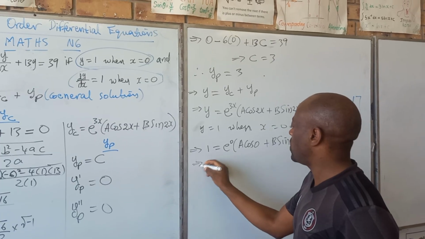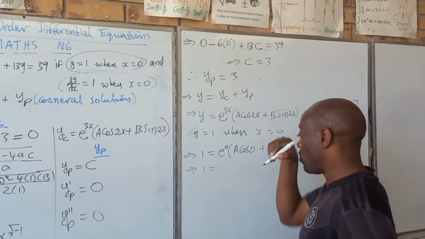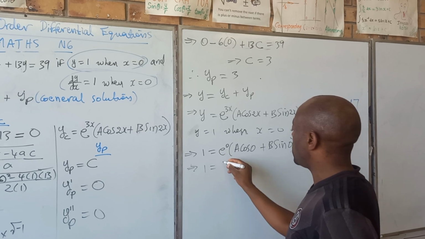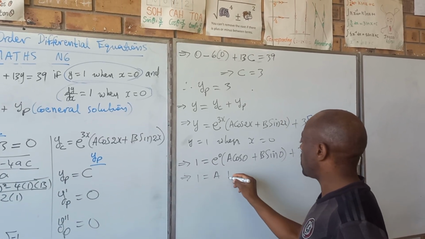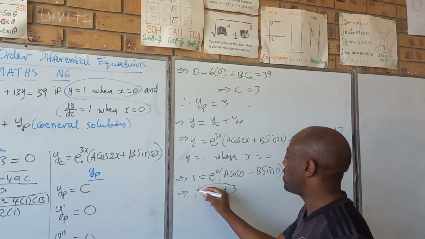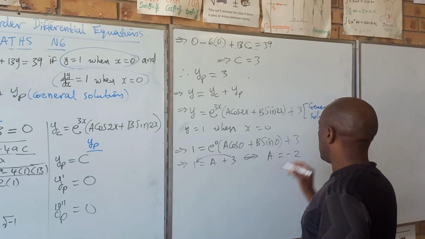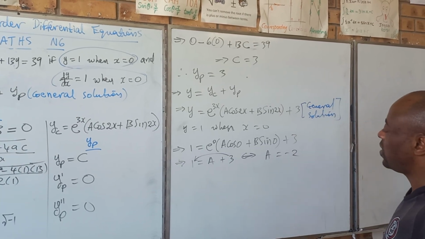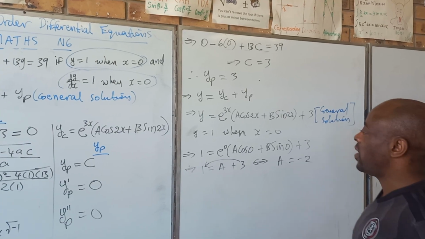So if we know our sine and cosine graphs very well, we will remember that cos 0 is 1, e to the power 0 is 1, so this is a, sine 0 is 0, so we just got a plus 3. So 3 is a like term to 1, so if 3 goes there, we'll see that a is equal to negative 2, since we'll get 1 minus 3.